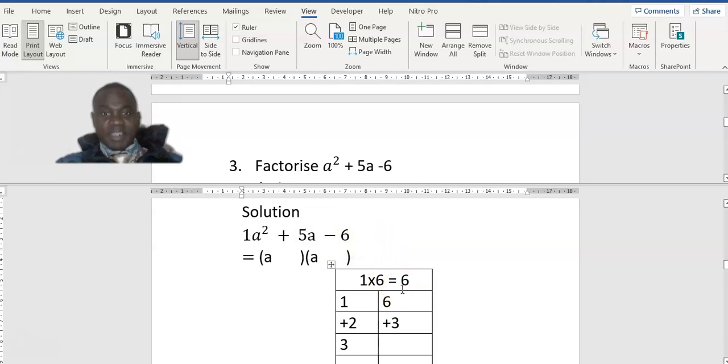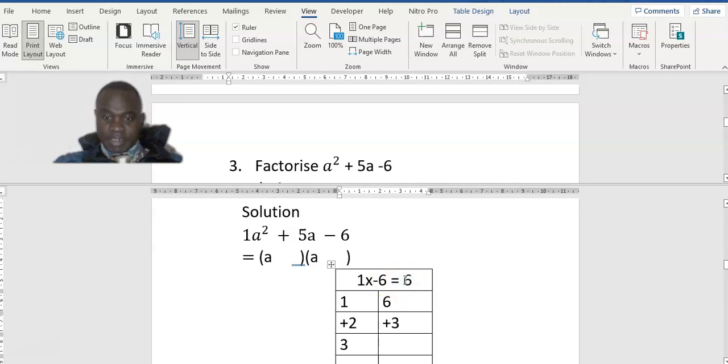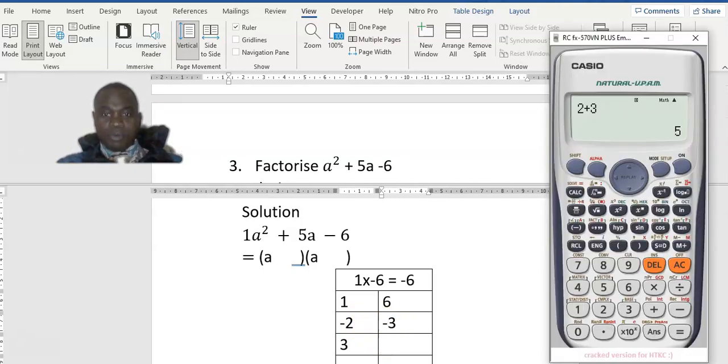Alright, so it means 1 times minus 6. This should give us what? Minus 6. Is that okay? So here, how are you going to do that? It means 2 factors which when you multiply you get what? Minus 6. So I can put minus here and minus here. How?